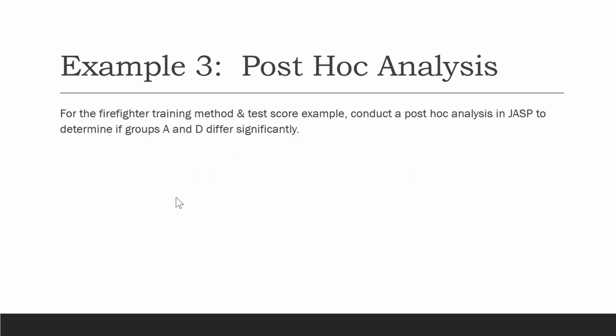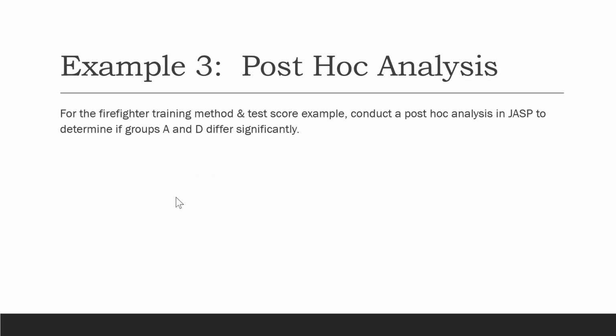So let's look at an example where we do this. It says for the firefighter training method and test score example, conduct a post hoc analysis in JASP to determine if groups A and D differ significantly. Well, when we're doing these post hoc analyses, this is going to look almost identical to the independent samples t-test, or if you want to say 2 sample t-test, that's fine, right?